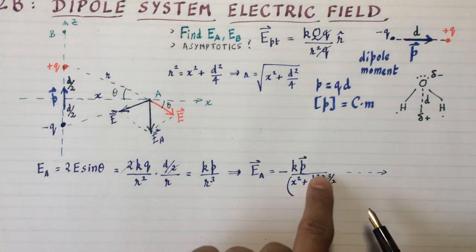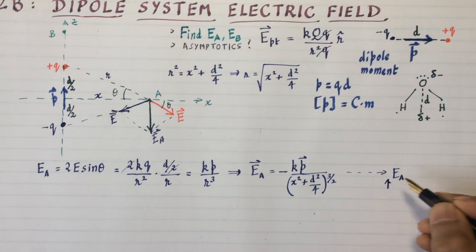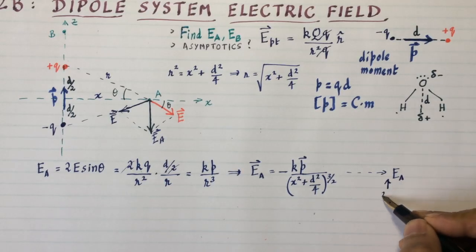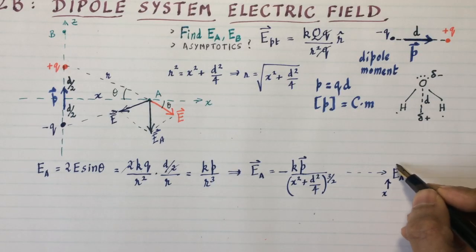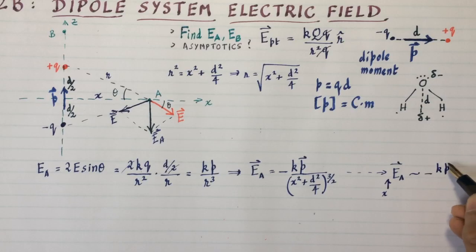The d will be ignored. You can ignore the d, and the electric field at point A, the asymptotic limit, which I'll indicate by x going to a very large amount, is going to be negative kp over x cubed. So that's our answer. Let's save that.